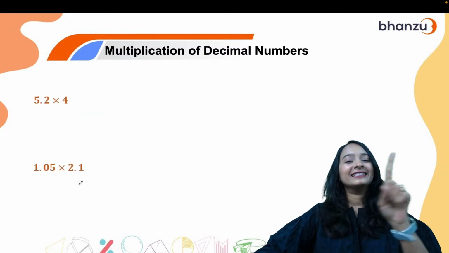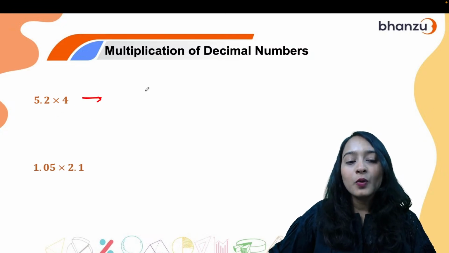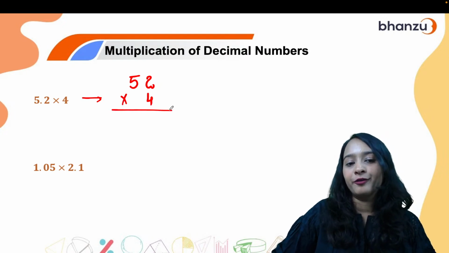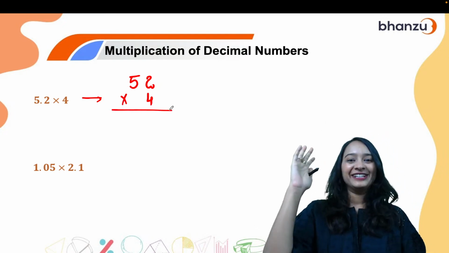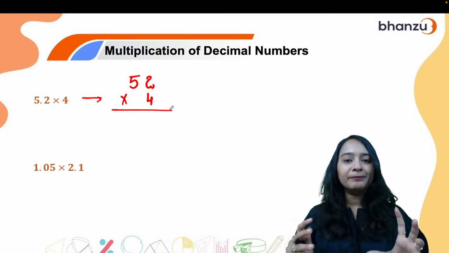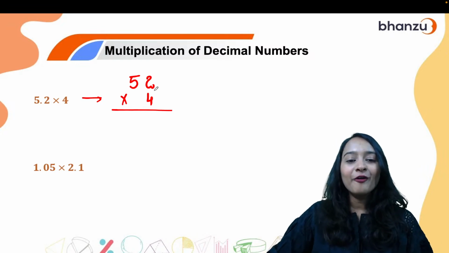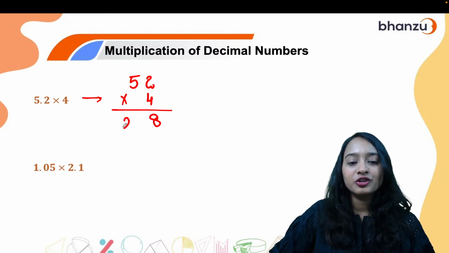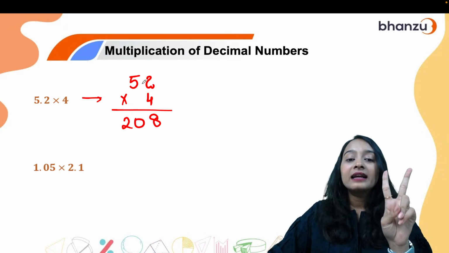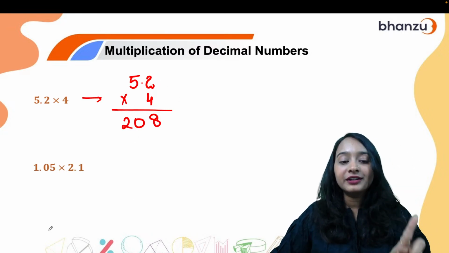Didn't understand? Let's take an example. 5.2 multiplied with 4. Let's multiply it as 52 multiplied with 4. That's why I told you, forget that you're doing decimal multiplication. We multiply numbers as whole numbers, something that we already know. 4 into 2 is 8 and 5 into 4 is 20. Now the second step is to see how many digits are there after the decimal point.